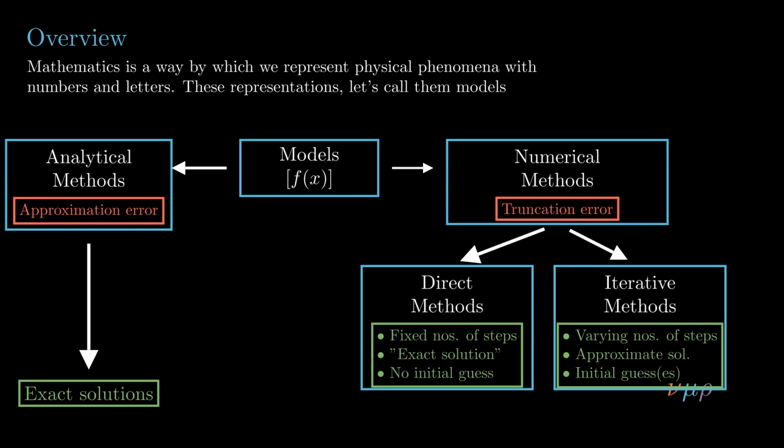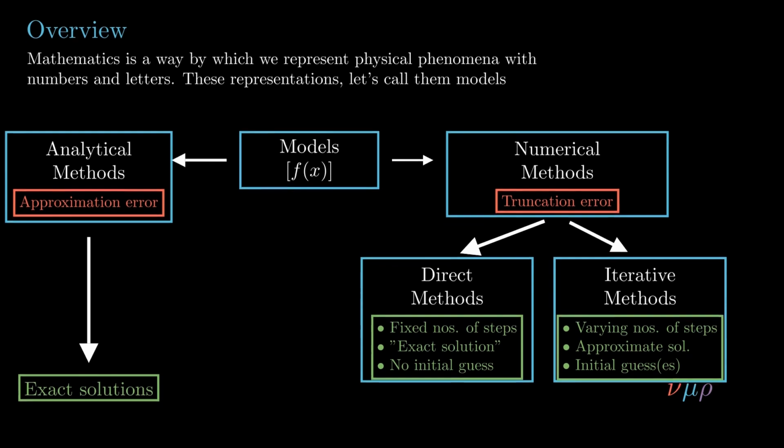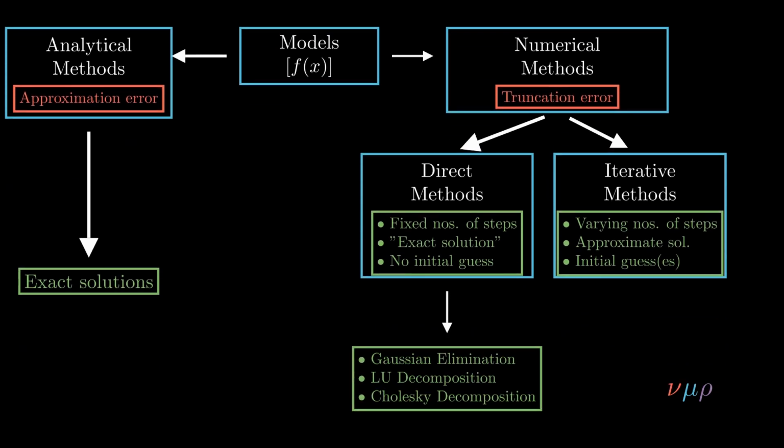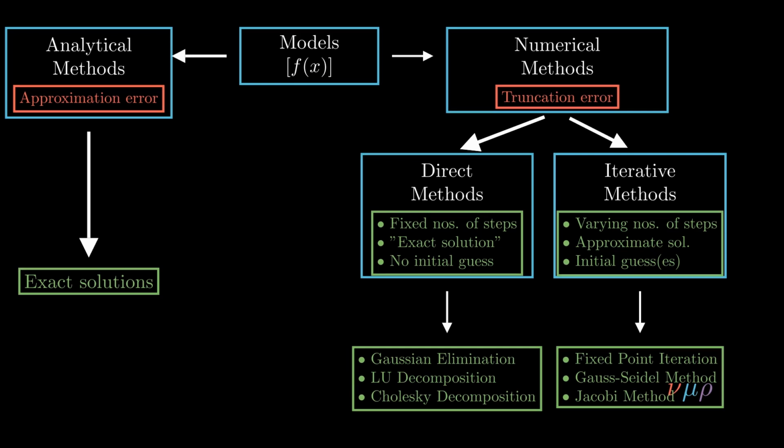The solutions are usually approximate, although for a good number of iterative steps, an exact solution can be obtained. Some examples of direct methods include Gaussian elimination, LU decomposition, Cholesky decomposition, and some examples of iterative methods are the fixed point iteration, the Gauss-Seidel, and the Jacobi. Now, it's not limited to this, these are just some examples.